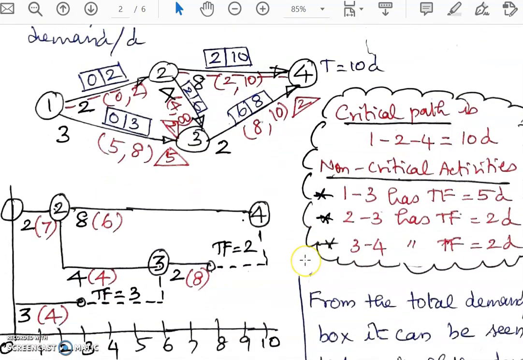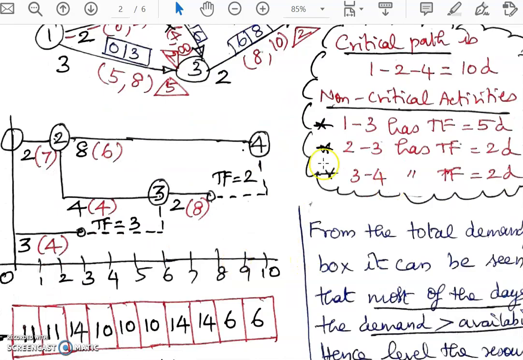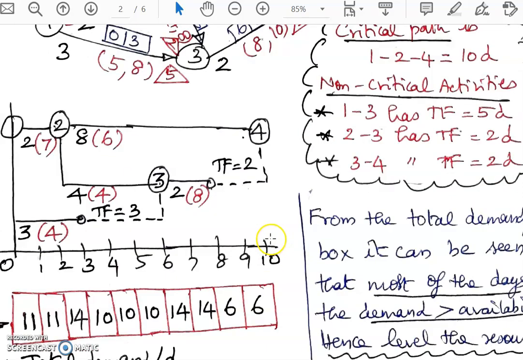I have drawn the square network. So this is the square network for us. In the square network, as usual, I have introduced the machinery requirement against the duration of individual activities. I have also calculated the maximum demand per day by moving vertically in the square network. So this is the maximum demand per day.